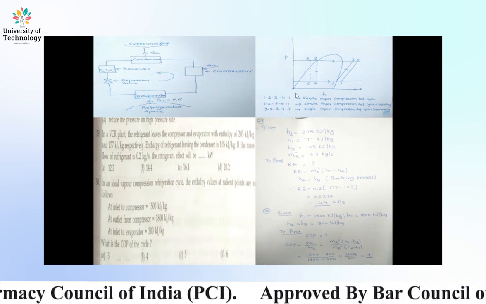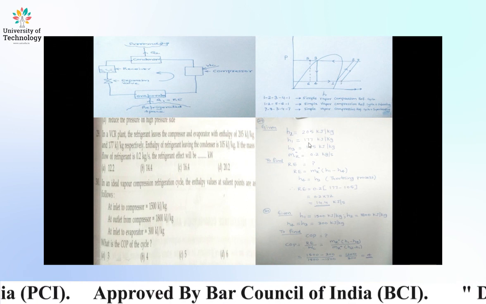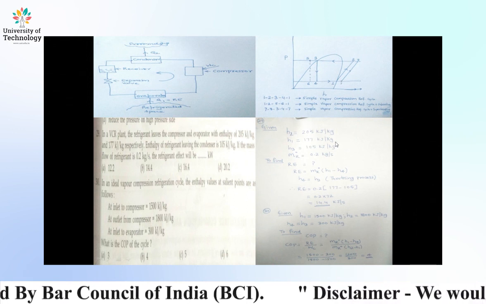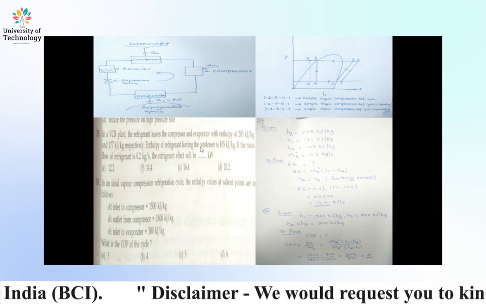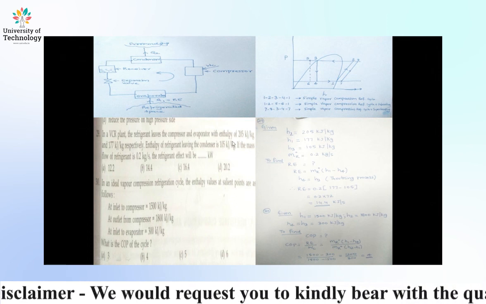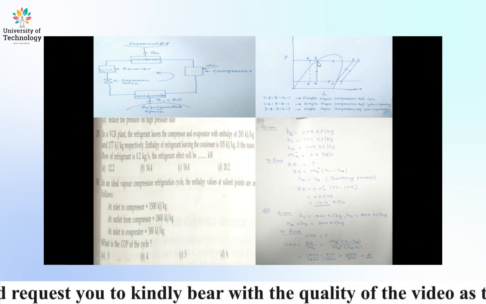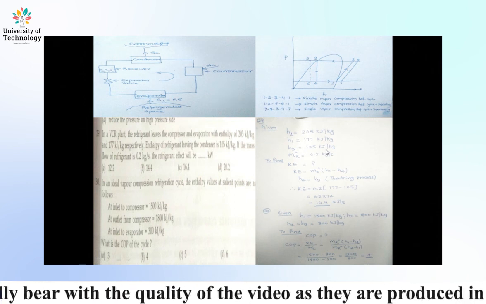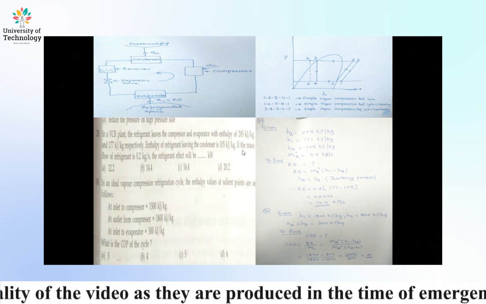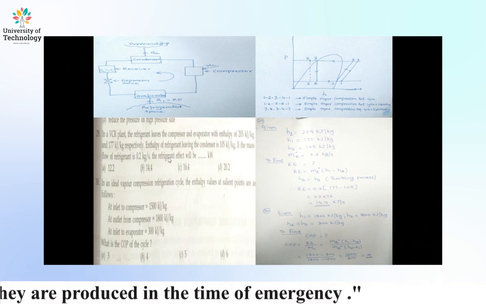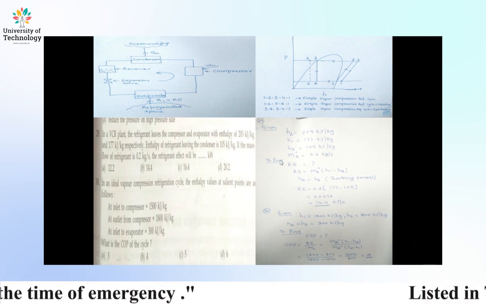The enthalpy of refrigerant leaving the condenser at point 3 is H3 equal to 105 kilojoule per kilogram. The mass flow rate of refrigerant is given as 0.2 kilogram per second.